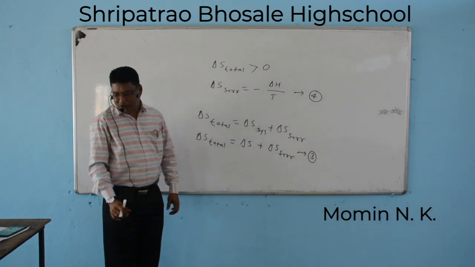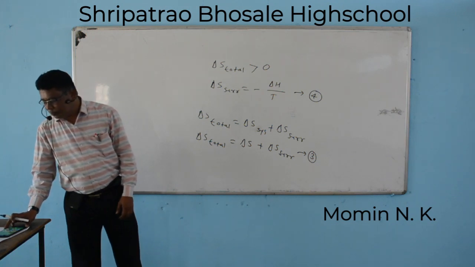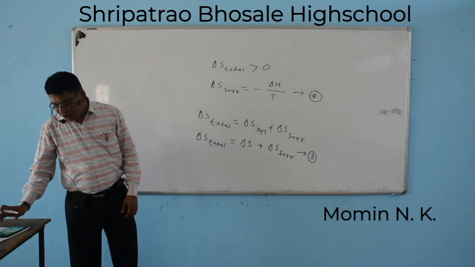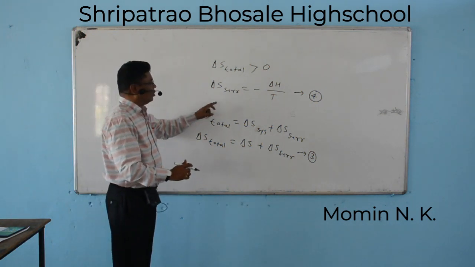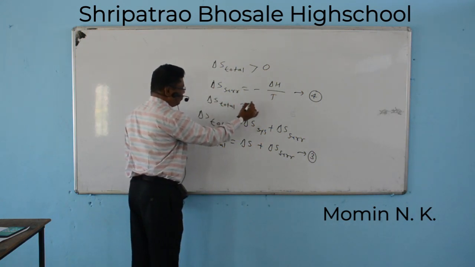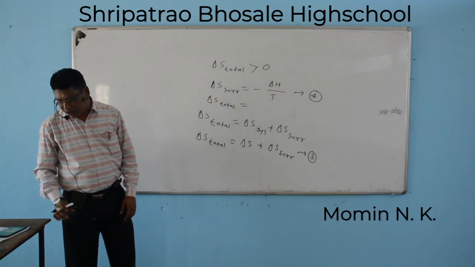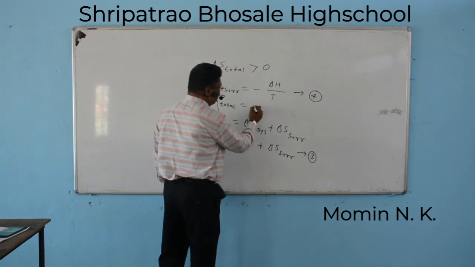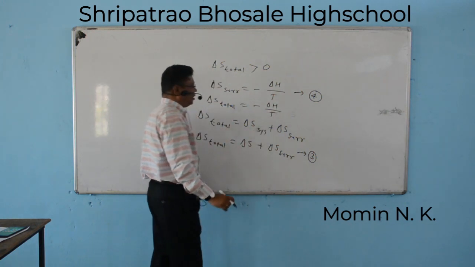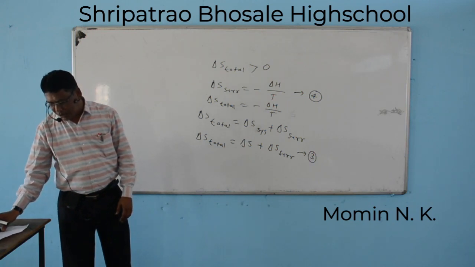Call this equation number 4. Substituting equation 4 in equation 3, we get delta S total is equal to delta S minus delta H upon T. What does this minus sign indicate?